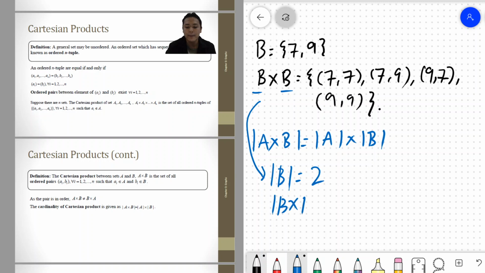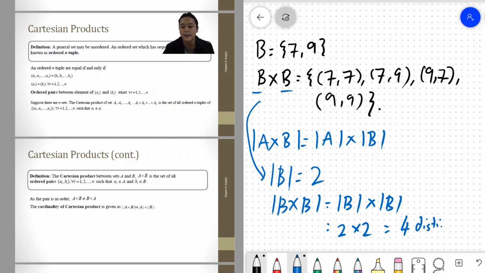The cardinality of B times B will be 2 times 2. You should have 4 distinct, non-repeatable ordered pairs.